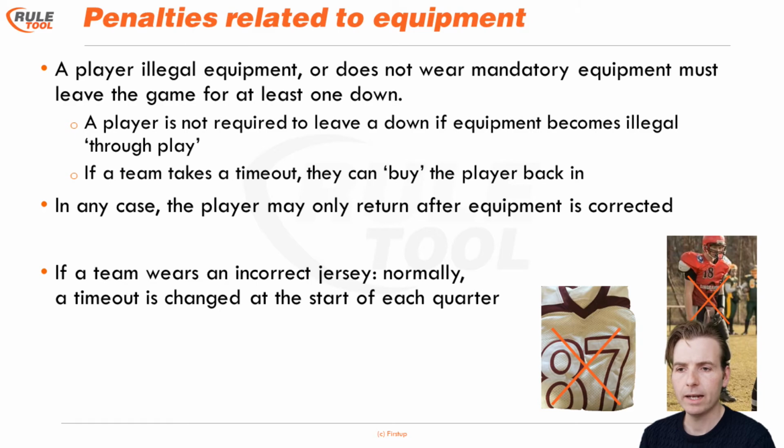Well, that rule is fine until, of course, we are faced with a whole team wearing illegal jerseys, as you can see in the examples here. What happens then? Well, the rule now says that the team is charged a team timeout at the start of each quarter. So basically, at the start of the first quarter, they are charged a timeout, and then in the second quarter, third and fourth, until they start wearing correct and legal jerseys.